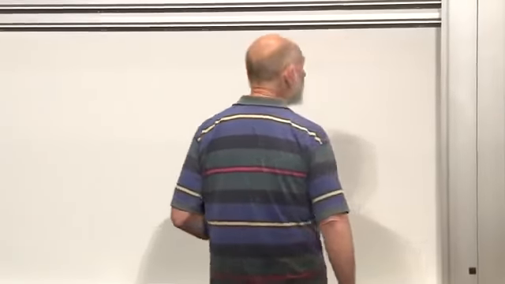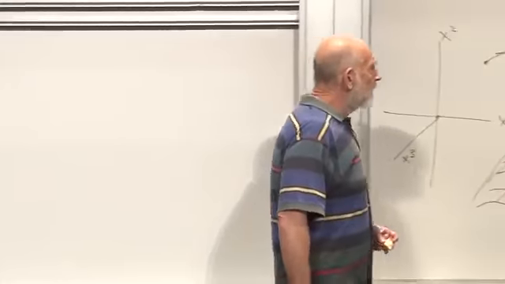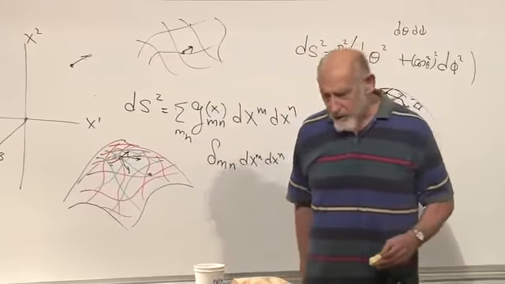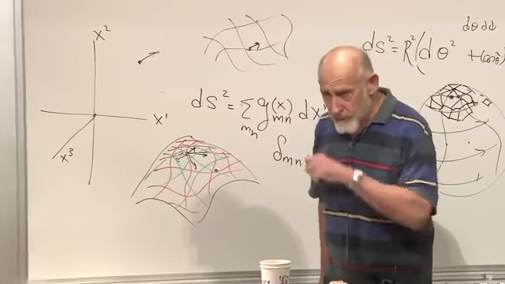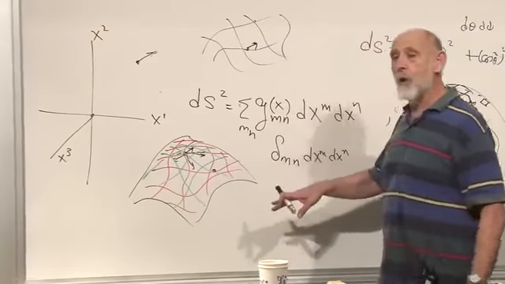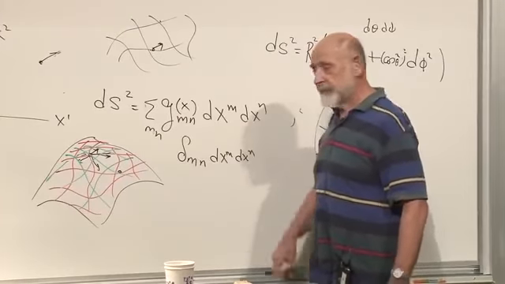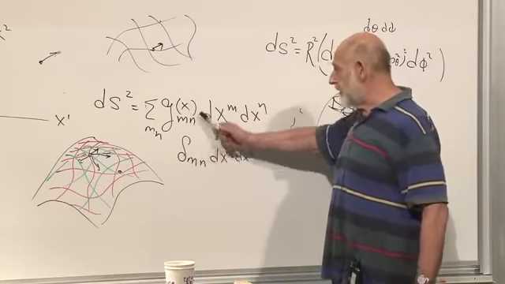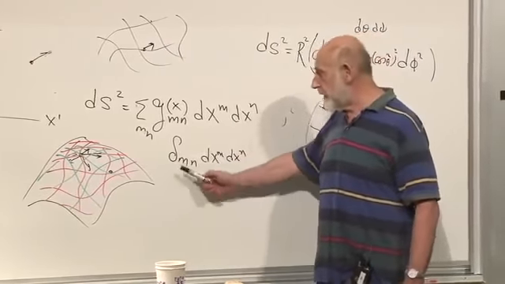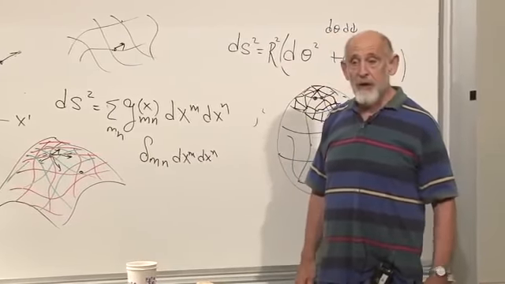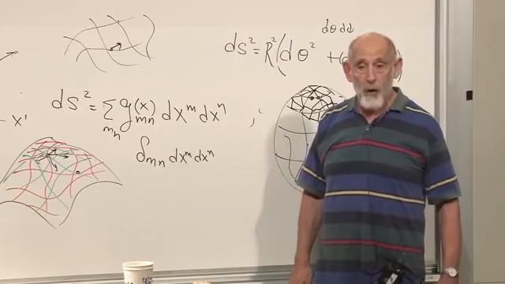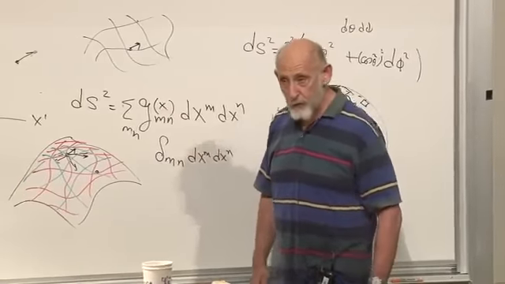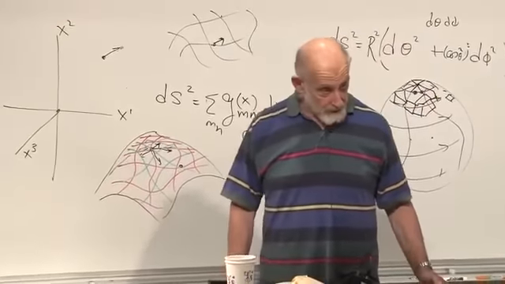Okay, so obviously the first question we would like to ask in trying to determine whether we can transform away g_mn of x and turn it into the trivial delta_mn, is: how does g_mn of x transform when you change coordinates?